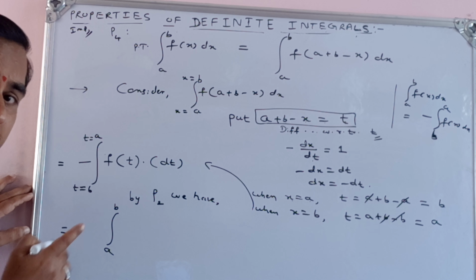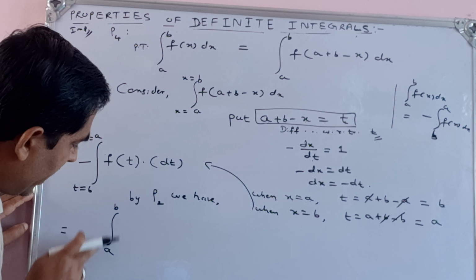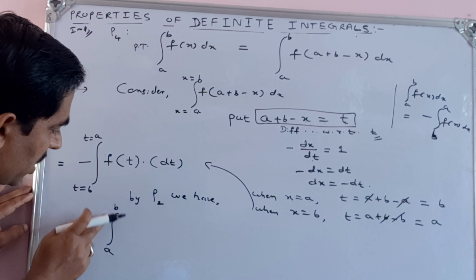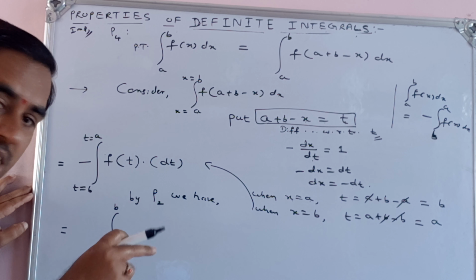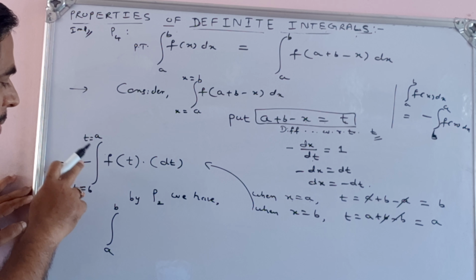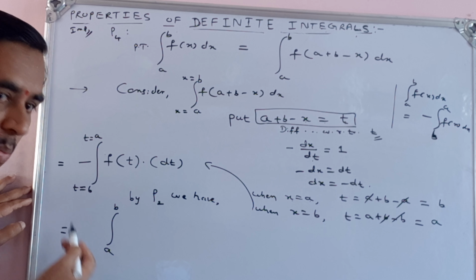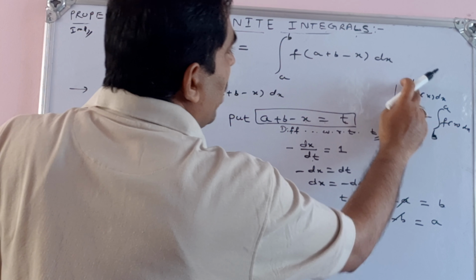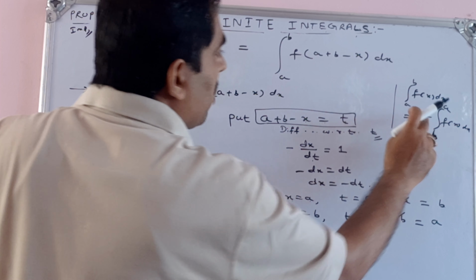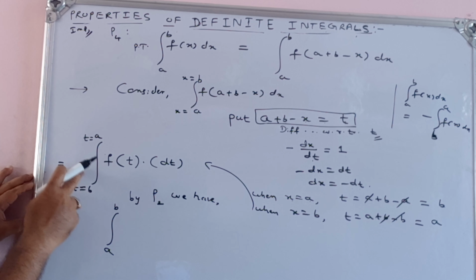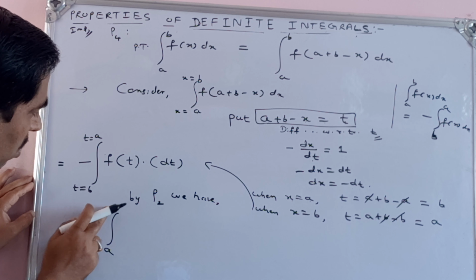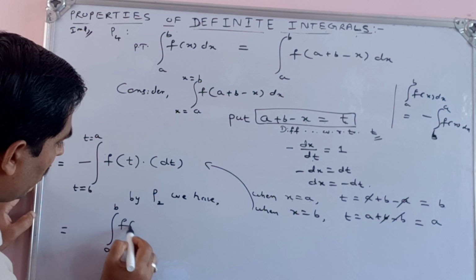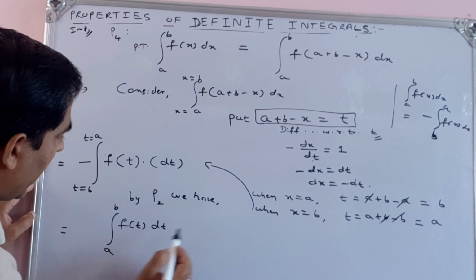That means I have changed the limits of integration, so the sign of the integral becomes minus. Already we have one minus here, so minus into minus will be positive. That is why this becomes positive by using the second property. So from a to b, I write f of t dt as it is.